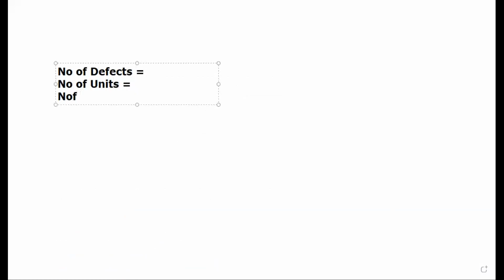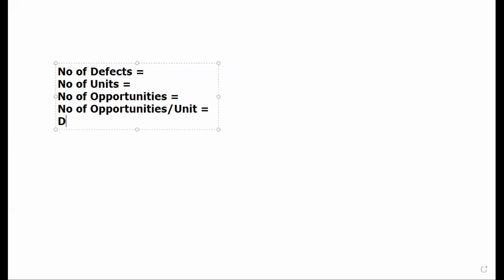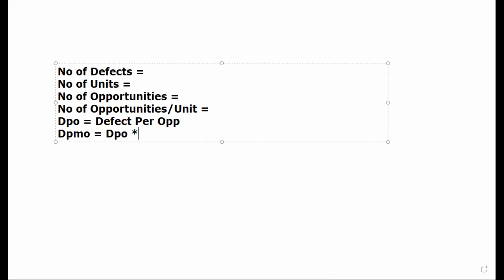Number of opportunities per unit. Then I calculate DPO, which is defects per opportunity. And what is DPMO? This is DPO into 1 million, because it means defects per million.